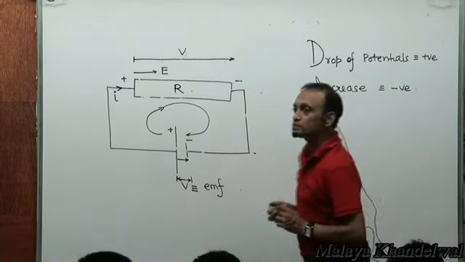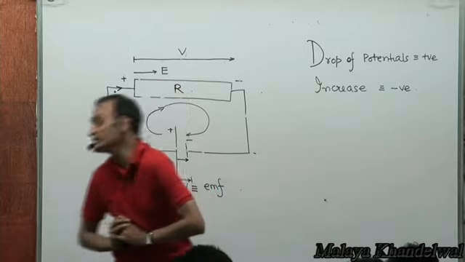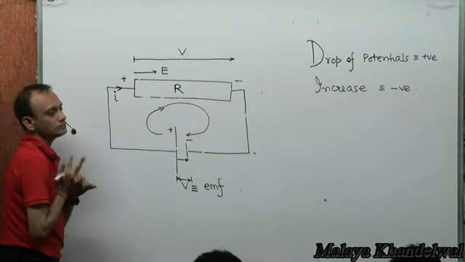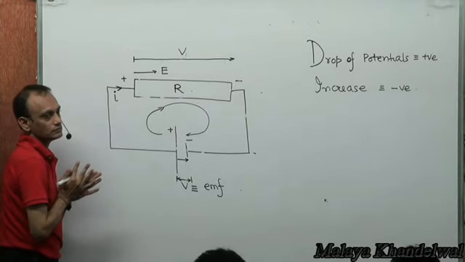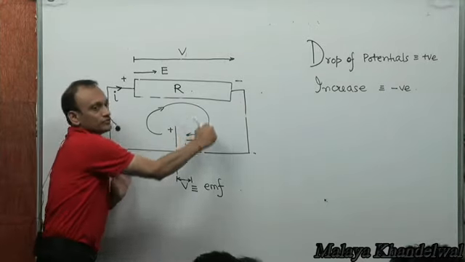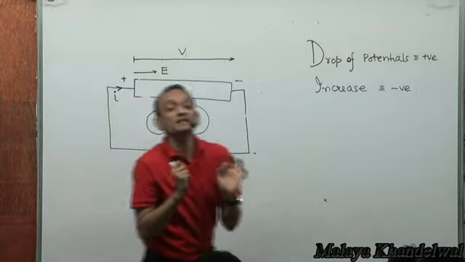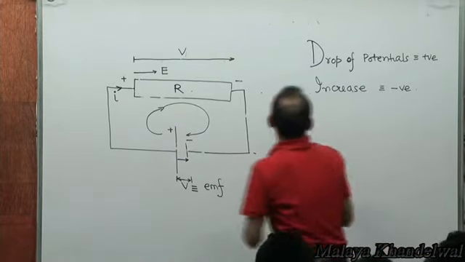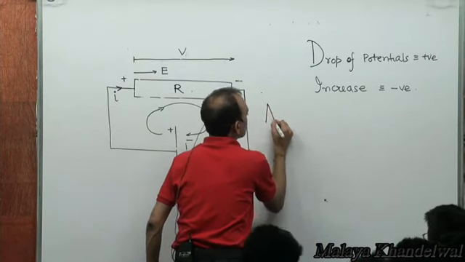Drop of potentials is positive, increase of potentials is negative. So if I traverse the full loop, I'll take the algebraic sum of the drops across the loop.